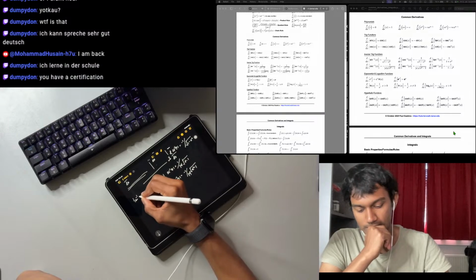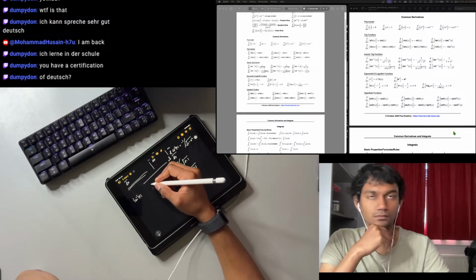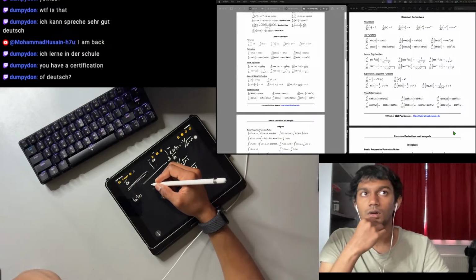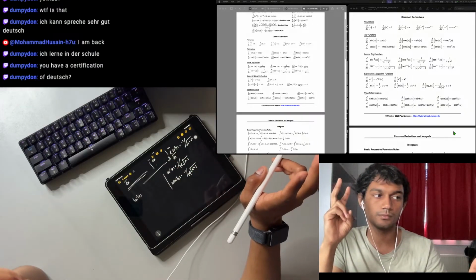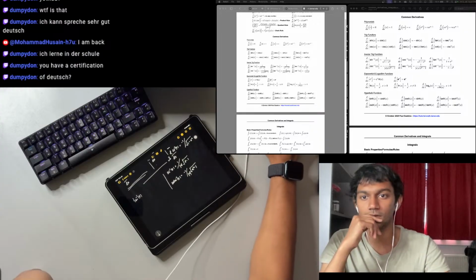Tan inverse. You have a certification? No. Nope, I don't. I do have a certification, but it's not a Goethe or recognized certification.